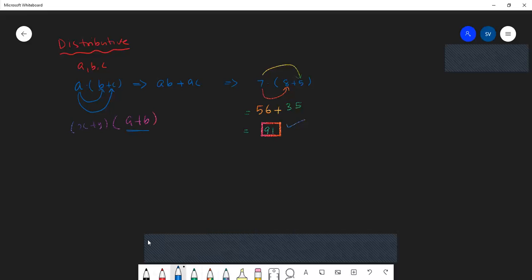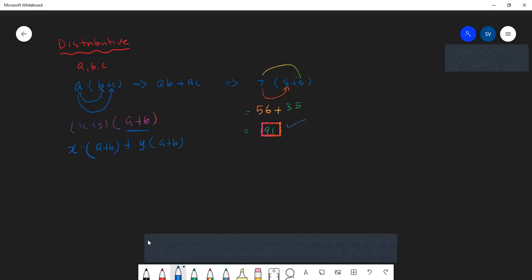So x times, we will put a multiplication sign here, x times a plus b. Then I'll put the plus sign in between. Whatever the sign in between, you have to put it there. Because here it is plus, I'll put the plus sign in between and take the second number, that is y times a plus b.